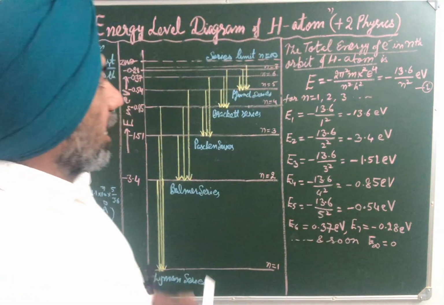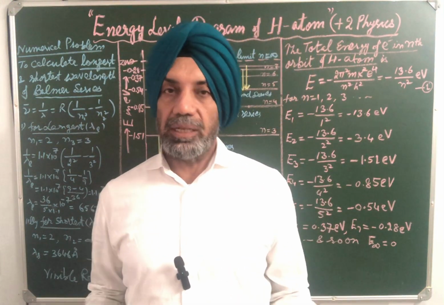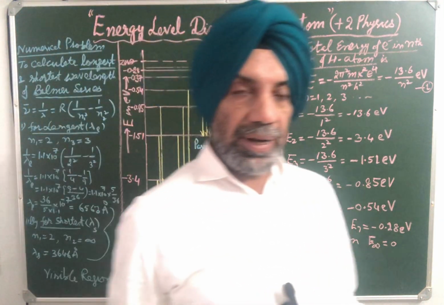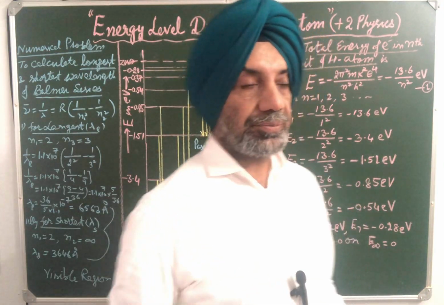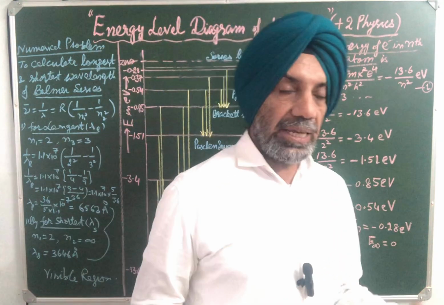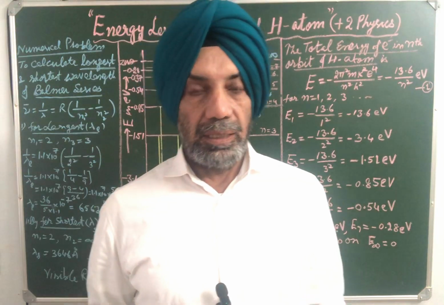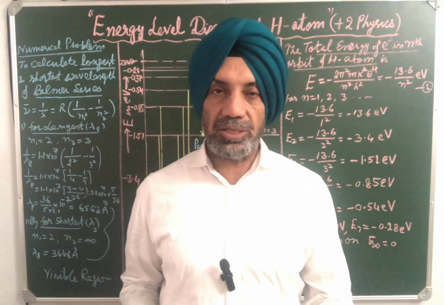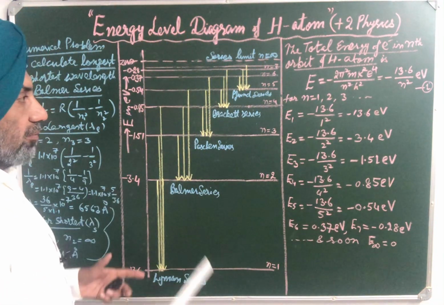An energy level diagram represents the total energy of the electron in different permitted or stationary orbits, along with the various spectral lines emitted by the energy radiated when an electron jumps from a higher energy state to a lower energy state. Such a diagram is known as an energy level diagram.